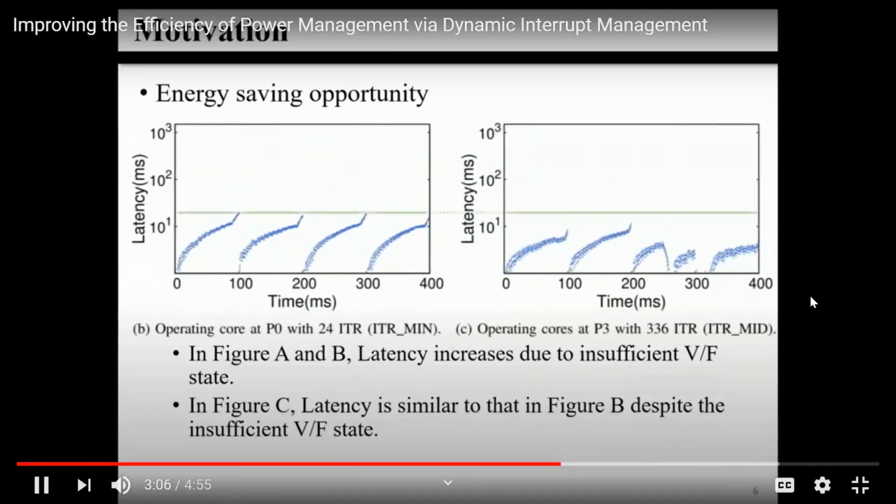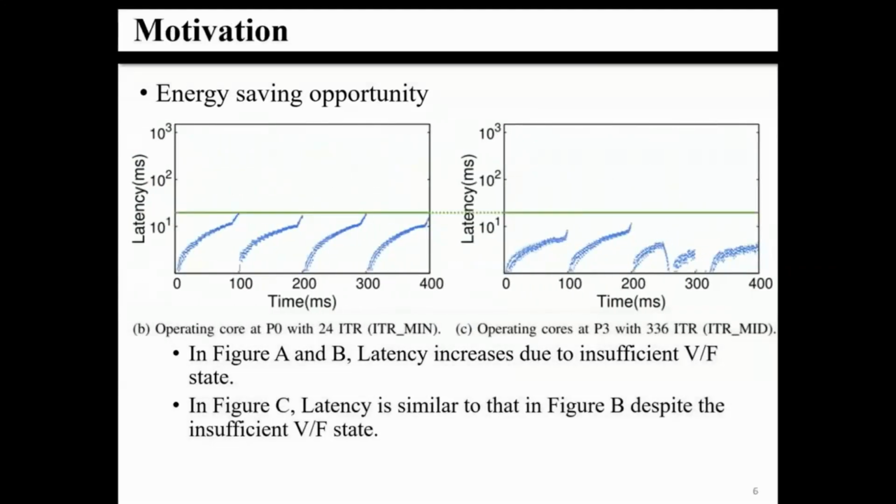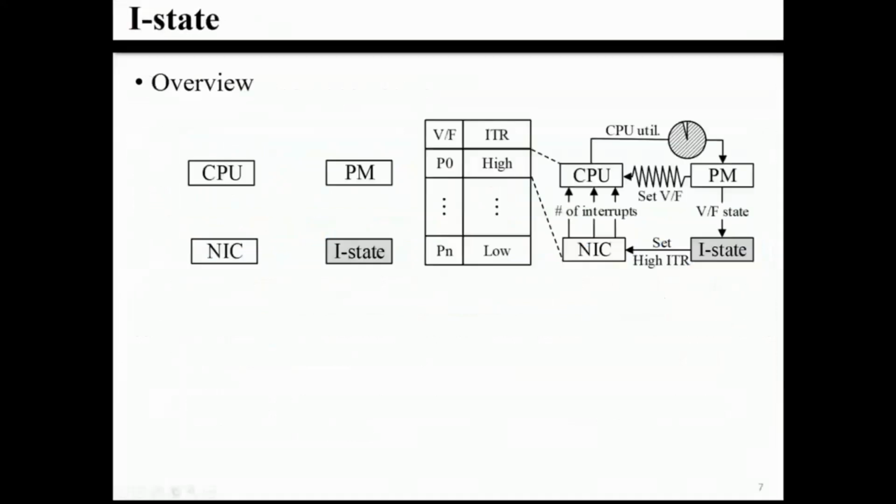On the other hand, if we set the energy optimal ITR, such as 336 in this case, we can see that latency became low despite the low VF state. This is because interrupt management reduces interrupt handling overhead, allowing applications to utilize sufficient CPU resources. Therefore, if the energy optimal ITR is applied, there is an opportunity to save energy without performance degradation.